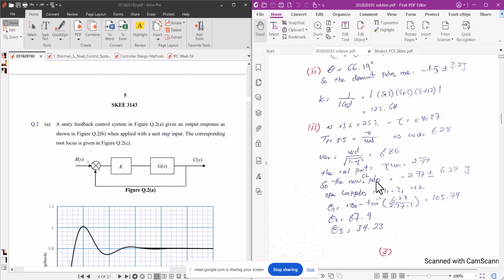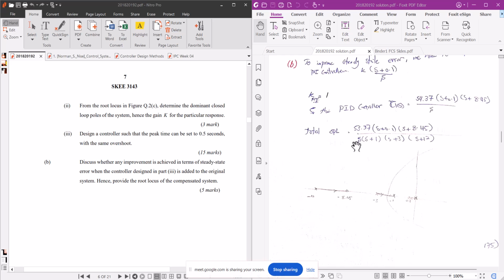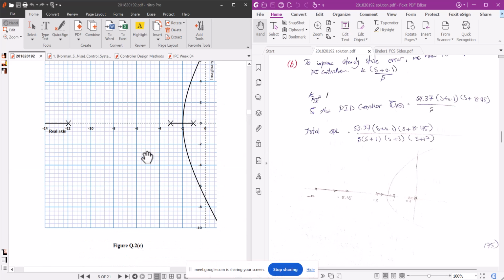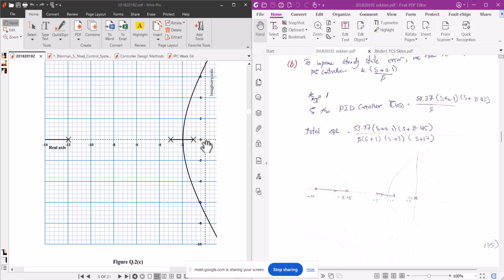The previous root locus had s, s plus 1, s plus 3 and s plus 12. Now you have s plus 0.1, s plus 8.45 and s here. So you have one pole at the origin and two zeros at minus 0.1 and minus 8.45.